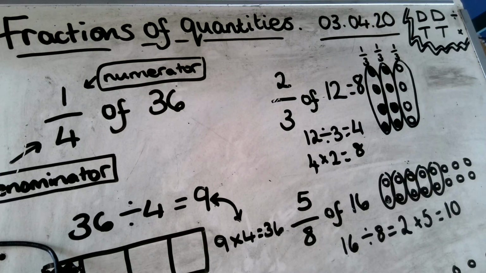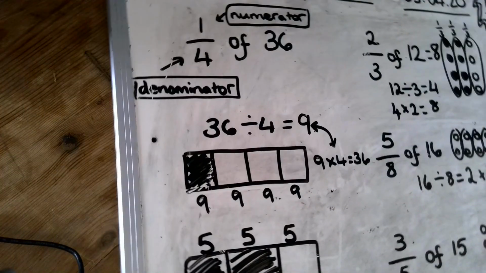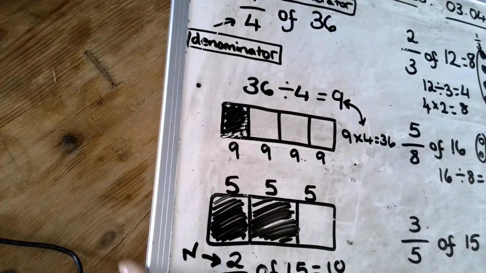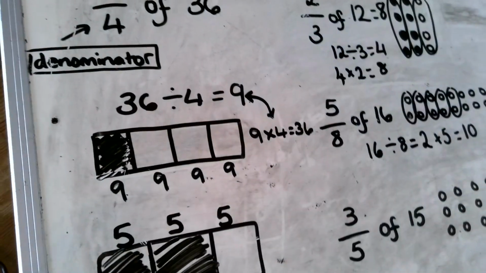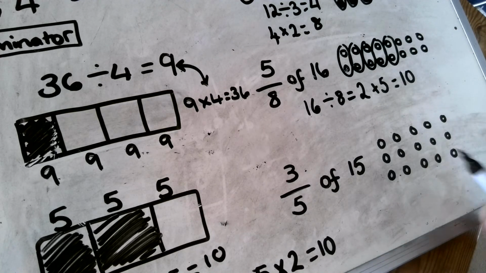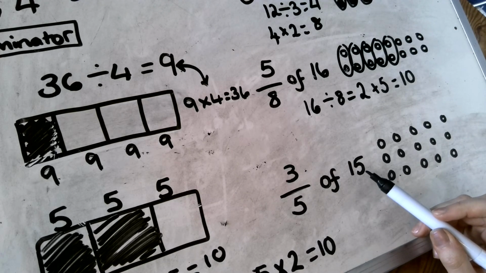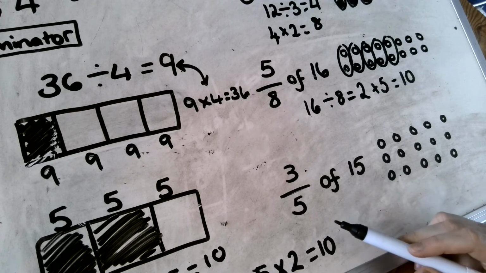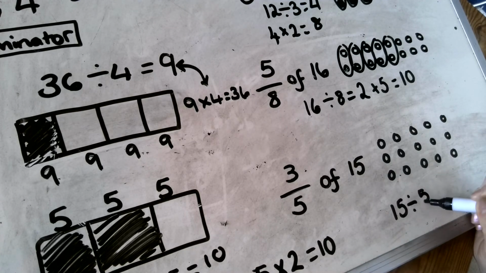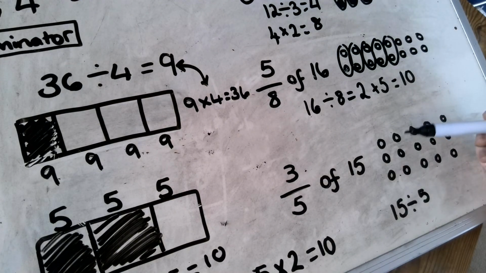Let's try one more. Now Miss Harris is going to try really hard, so I'm running out of room. I have to use my diamond power here, I think. Okay, so this question, 3/5 of 15. So I have taken my whole, my 15, and I have divided by 5. And you can see that I've split my 15 circles into 5 groups.